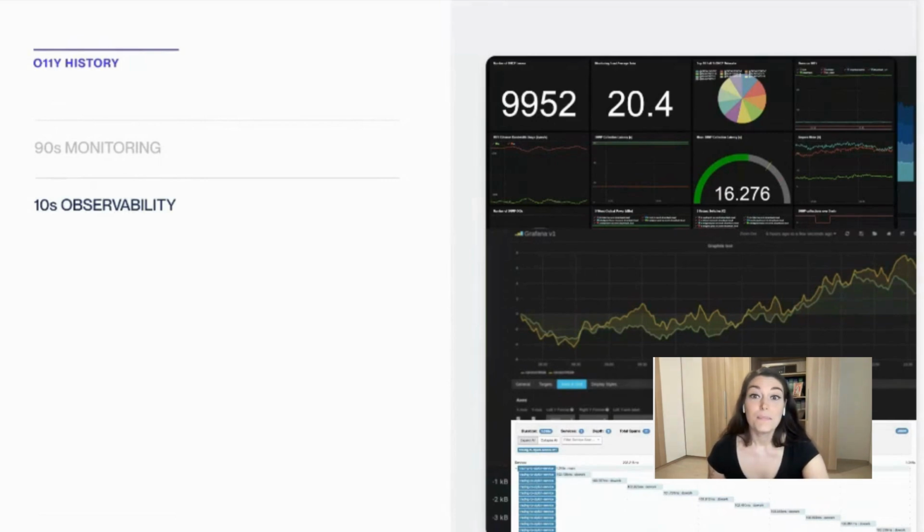Engineers started emitting massive volumes of telemetry data. However, while monitoring was incredibly helpful, and still is, we realized that we needed something deeper to truly understand the black box that some of these systems had become. And so this is when we started talking about observability as a way to understand systems that's different from monitoring.